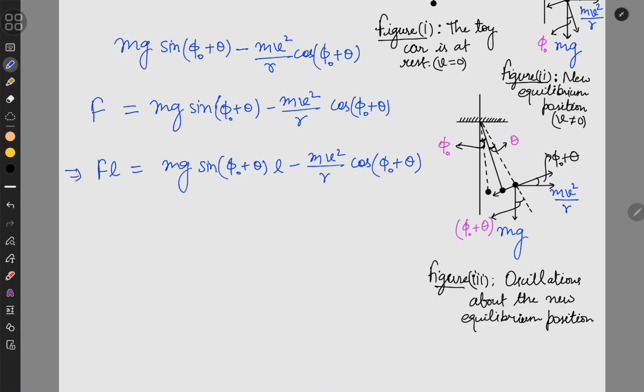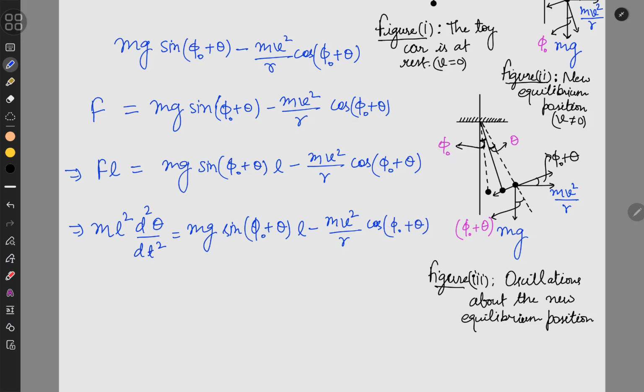So this is I, that is m L square, which is the moment of inertia, and the angular acceleration, that is d2 theta upon dt2. Basically this is phi naught plus theta, but since phi naught is a constant and theta is the variable here, we can simply write theta, is equal to mg sine phi naught plus theta times L minus mv square upon r cosine of phi naught plus theta.